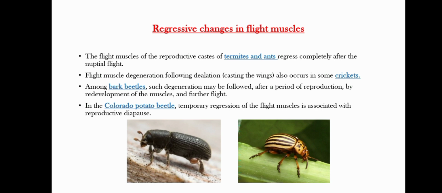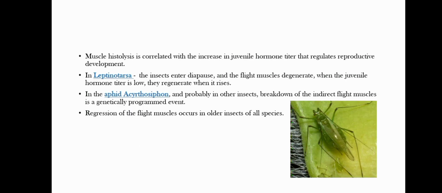In the case of the Colorado potato beetle, this temporary regression of the flight muscles is mainly associated with the reproductive diapause. And this is the picture of the Colorado potato beetle. This muscle degeneration is correlated with the increase in the juvenile hormone titer, which regulates the reproductive development. In most insects, this muscle histolysis is correlated with the increase in the juvenile hormone concentration.